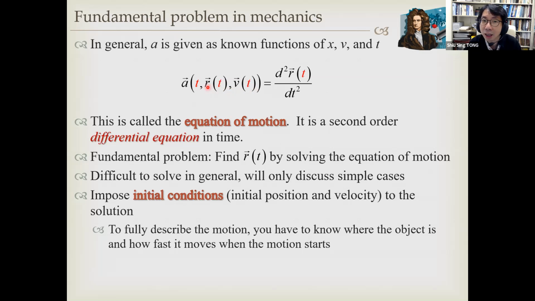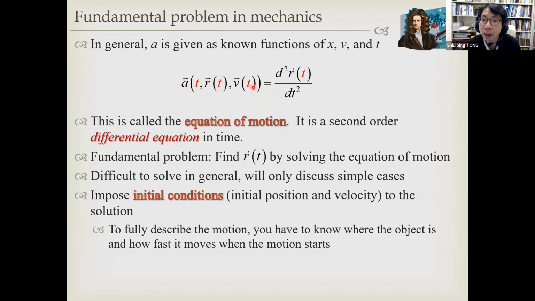The position of the object r and the velocity of the object are unknown functions of time, right? Because we haven't solved this problem at the beginning. And the unfortunate thing is that our acceleration is given in terms of these unknown functions. The acceleration is given as a function of r and v, but how do they depend on time?